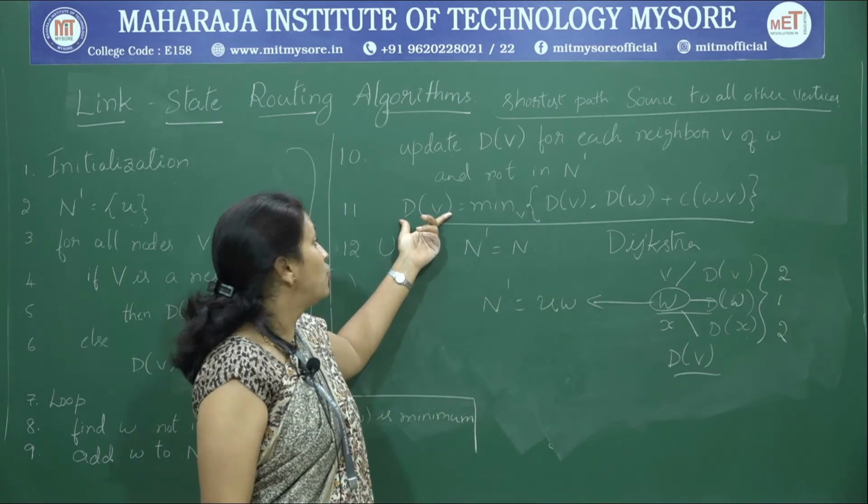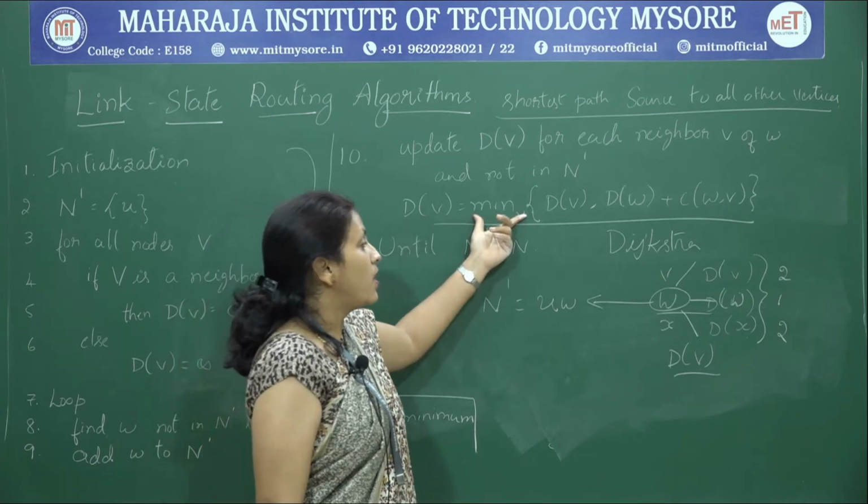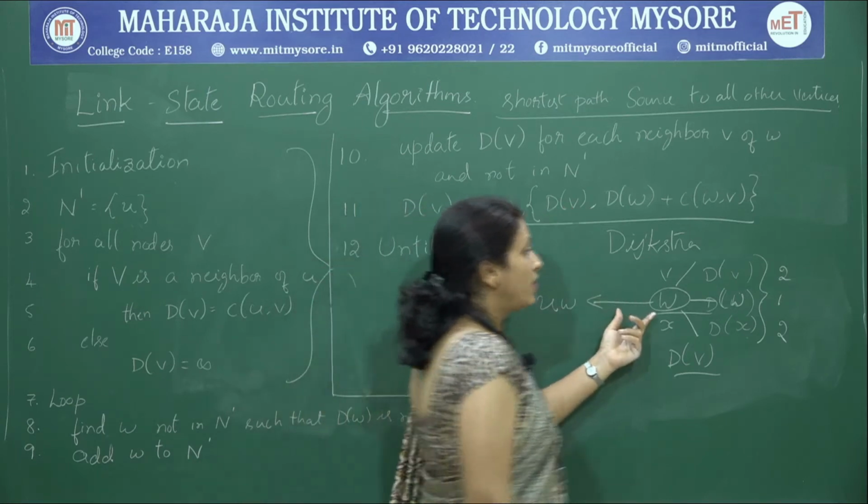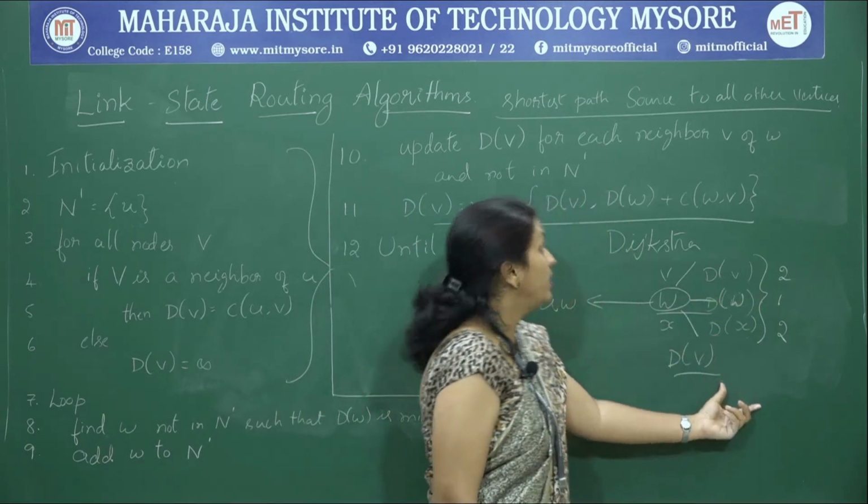What is that going to do? D of V is the minimum of D of V, which we already have, and the new path cost. We already have D of V values for these nodes.